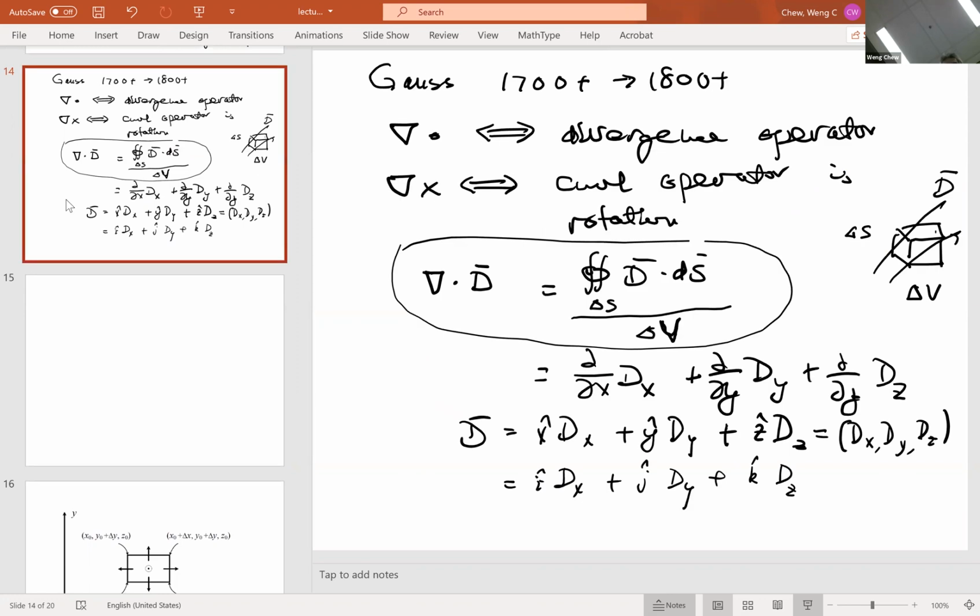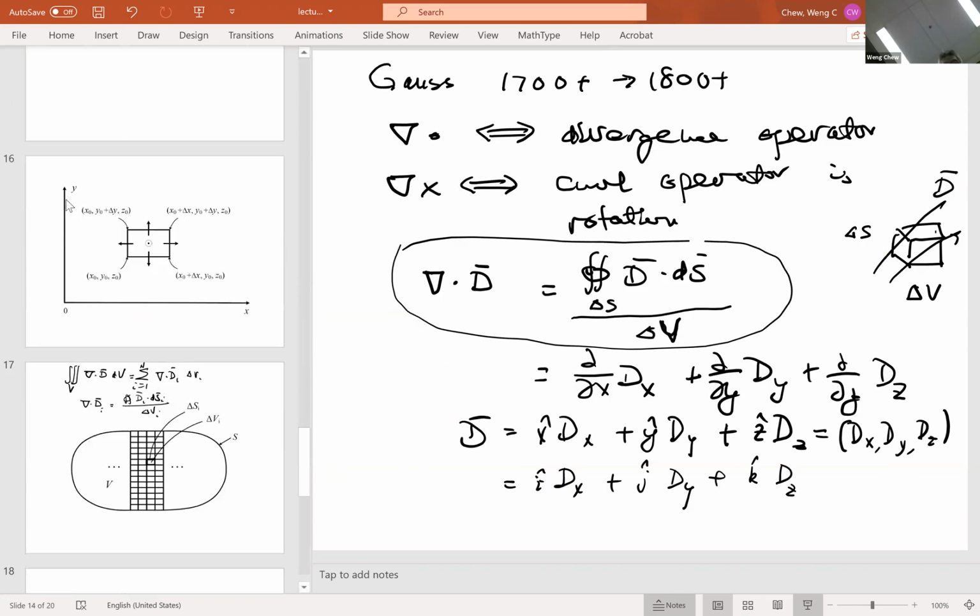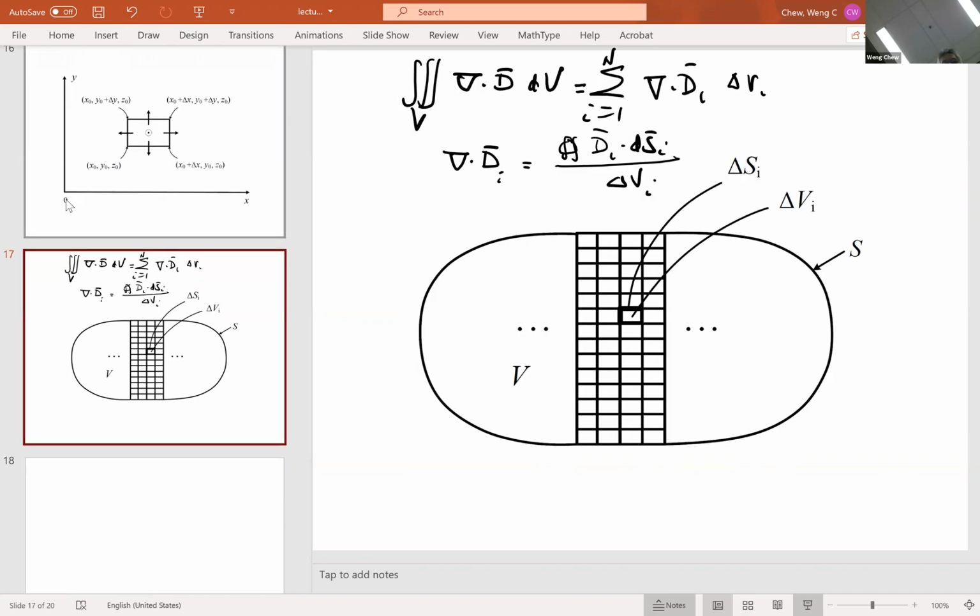I'm not going to prove it; the proof is in the lecture notes. So if I go back to this, I will have this. Now if you take this small surface integration that I'm performing for each of these cubes, count the fluxes that are flowing out of them, you see that those fluxes are canceling each other, except for those on the boundary. Let me show a picture that shows that.